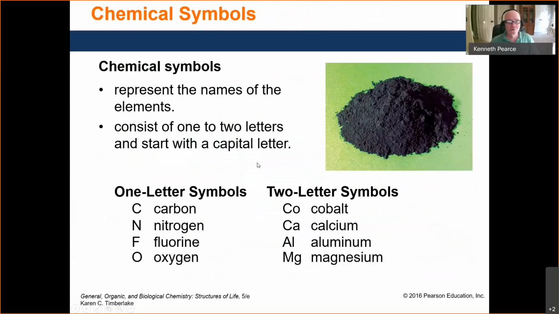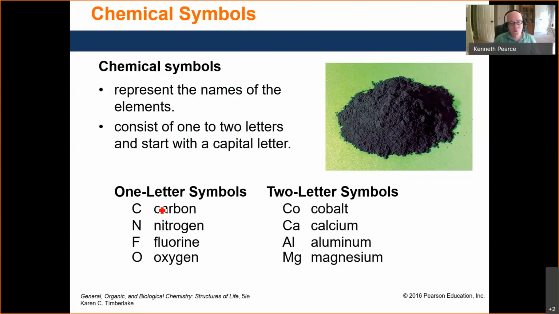And we have one-letter symbols and two-letter symbols. And you may be asking yourself, well, why do we need two-letter symbols? Why not everything one letter? And that's because there's only 26 letters in the alphabet, and there's over 100 elements on the periodic table.